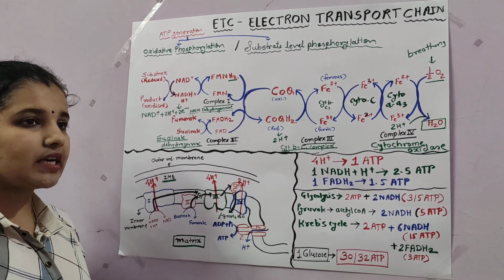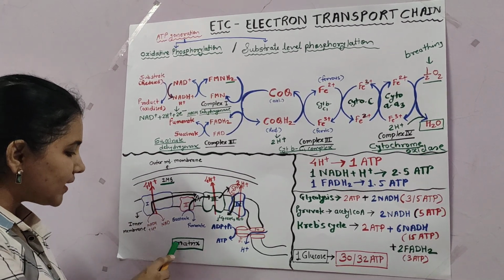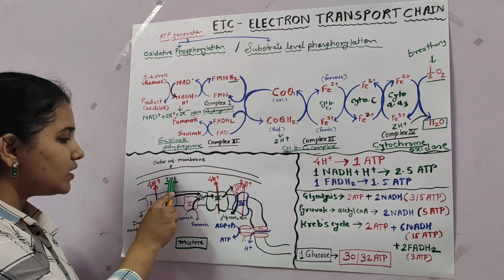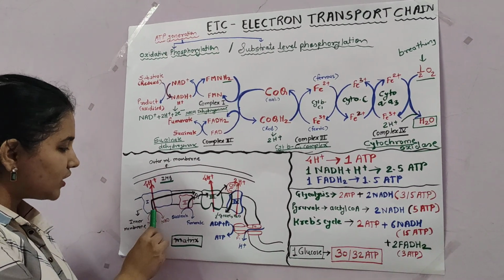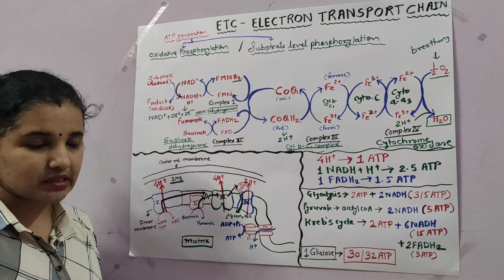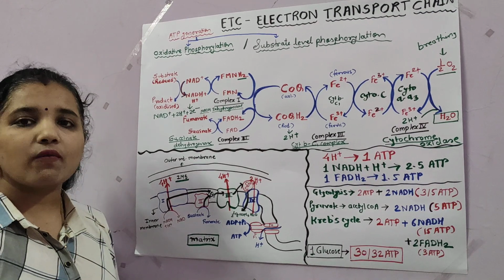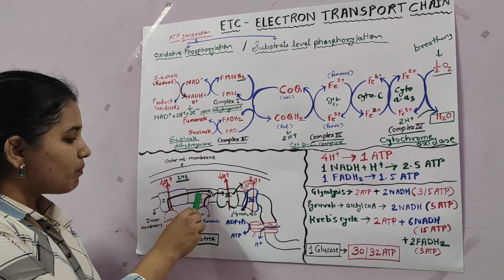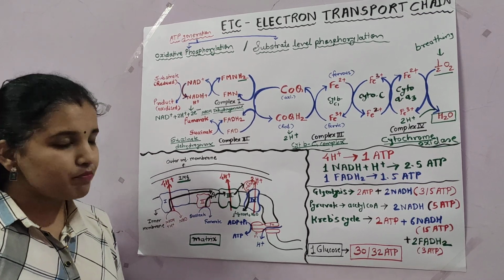Proton pump means it pumps protons from the matrix of the mitochondria to the intermembrane space, and 4 protons are pumped from complex 1. And complex 2 does not act as a proton pump.